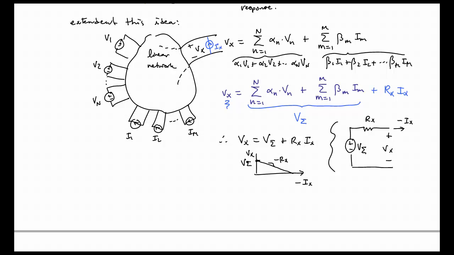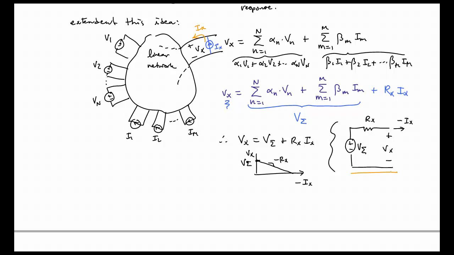You see this right here, this is Ix. So what we have just shown is that we could achieve the same terminal characteristics at Vx if we replaced all of that linear network with those n voltage sources and m current sources with a single voltage source V sigma and a single resistor Rx.